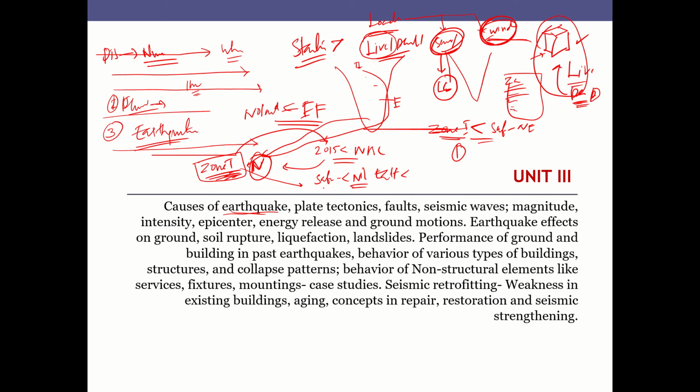As far as the contents are concerned, there are certain things put here. We'll be discussing all the points listed here, which include the causes, the terminologies used, different types of seismic waves, what is magnitude, intensity, epicenter, and so on.